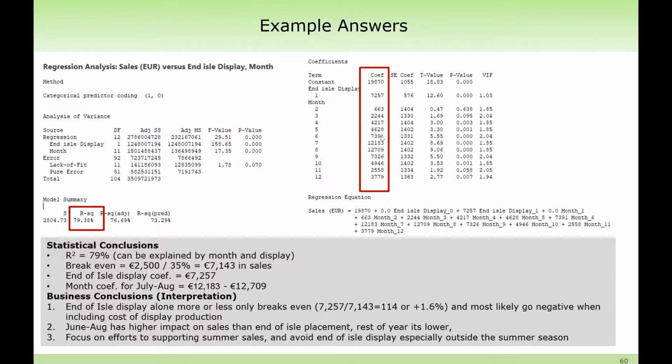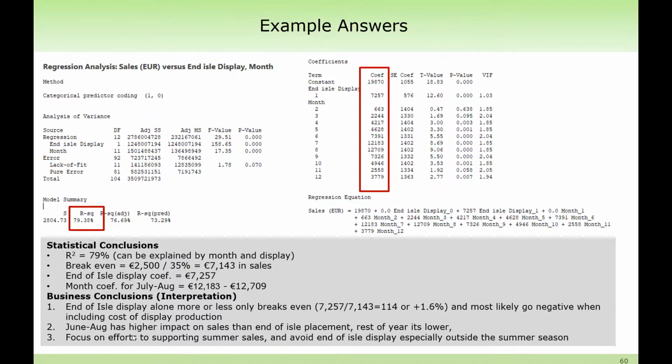And of course, what stands out here are the summer months and the summer period. We have a significant increase in sales for the summer months. Because months 7 and 8 go to 12,000 euros higher per month, these months are really good in terms of sales.